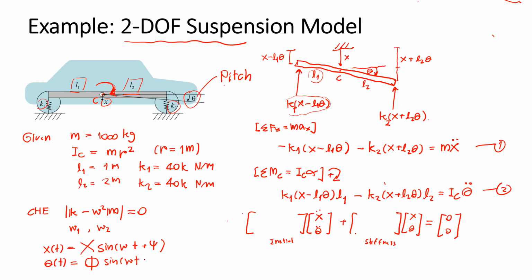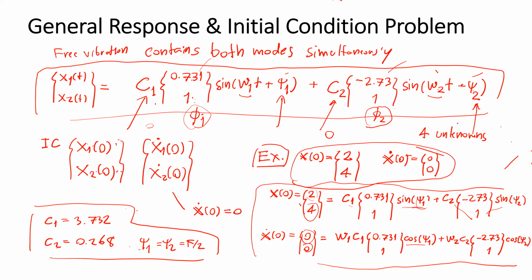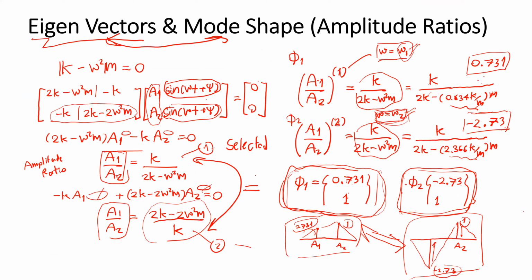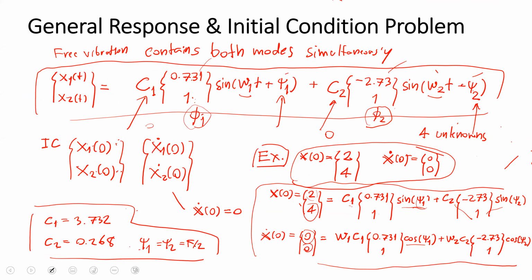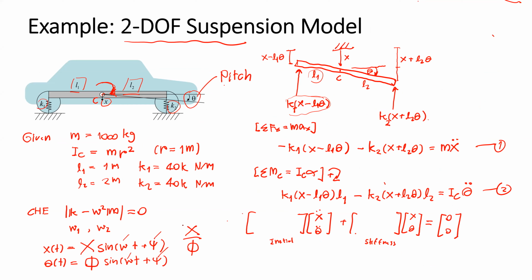Yeah, for the free vibration it is in phase. So the omega are the same and the phase shift also are the same for both generalized coordinates. But the magnitude ratio in this case is A1 divided by A2, right? A1 divided by A2. But for this example, the magnitude ratio may be x divided by theta.